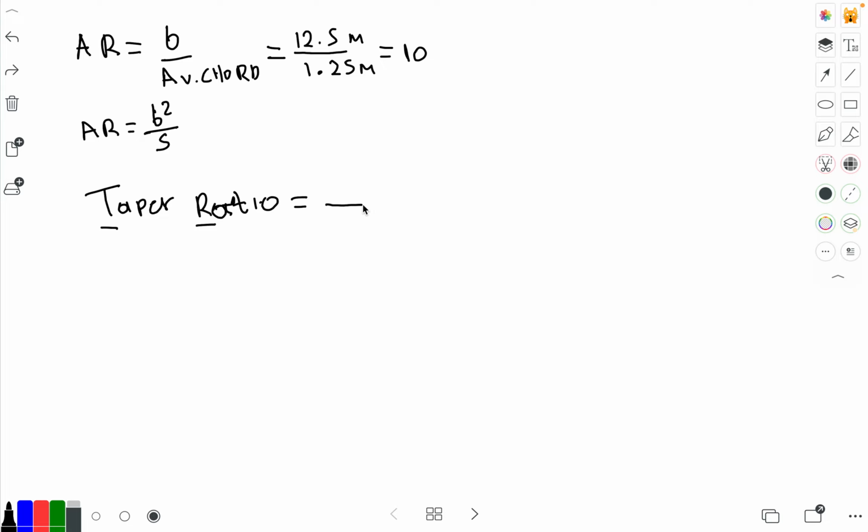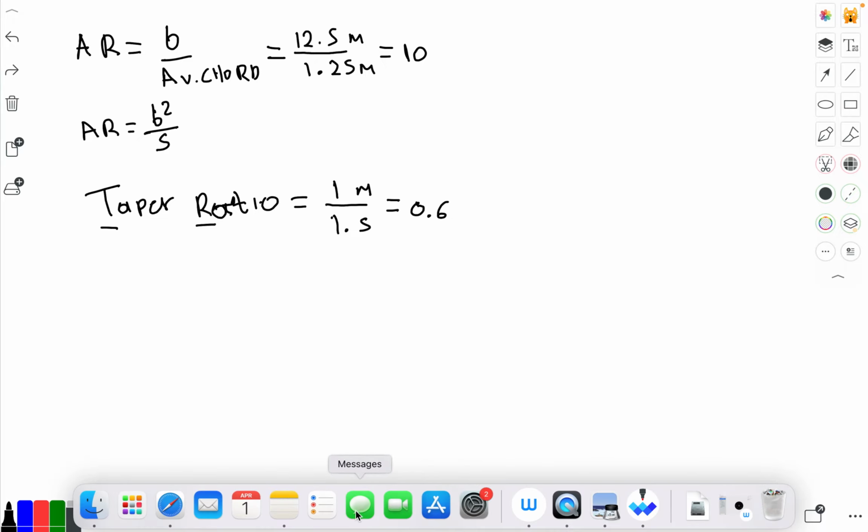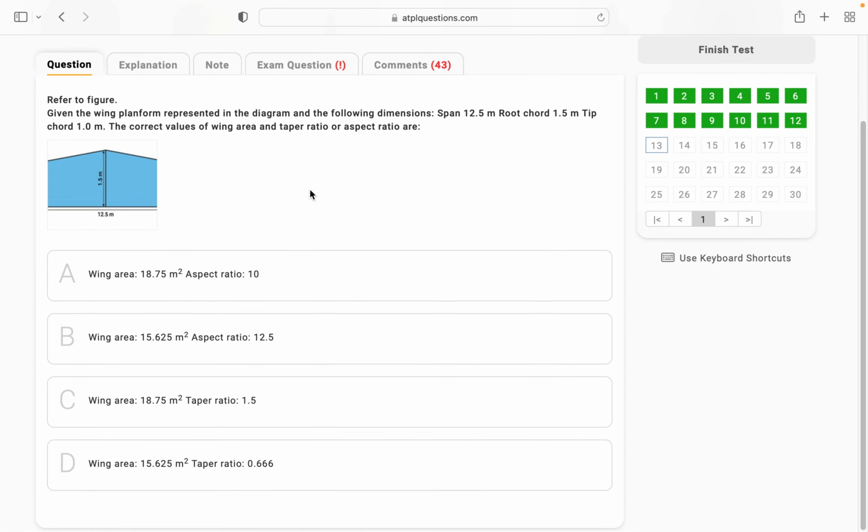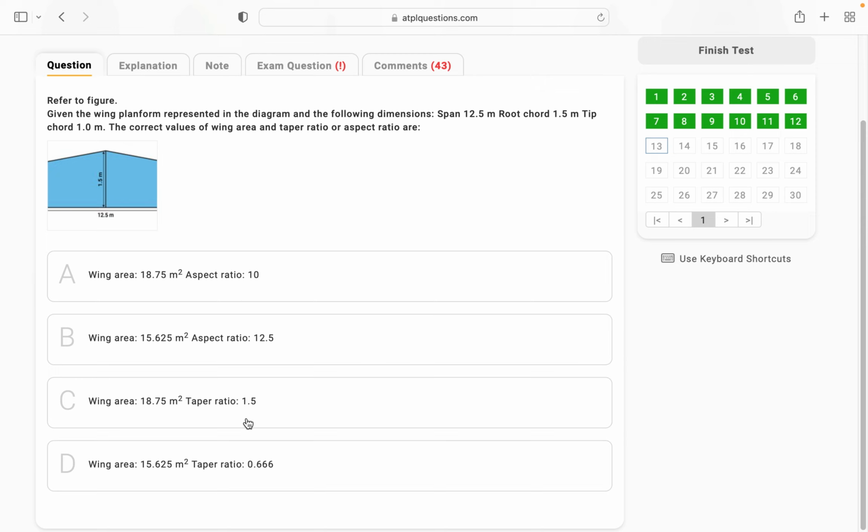The tip was 1 meter, and the root was 1.5, which makes us around 0.6. We are looking for a taper ratio of 0.6.